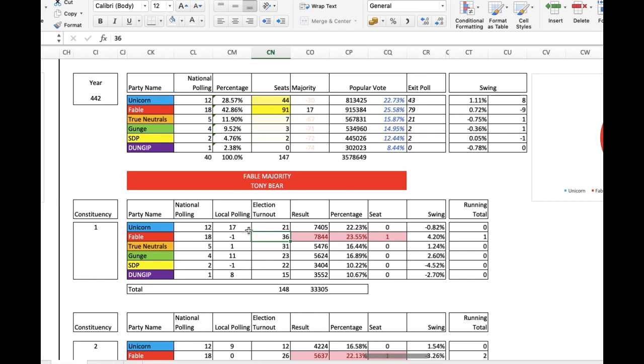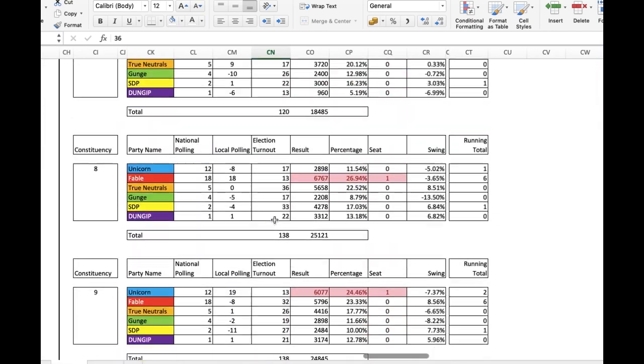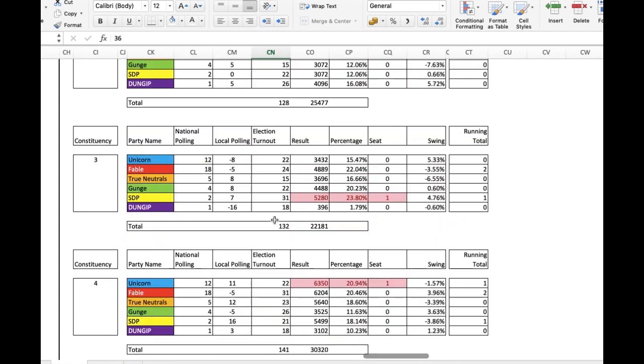There was a gain for the Fable Party here. They just happened to roll 36 to Unicorn's 21, and with the addition of their bonuses, it's real close. It's less than a percentage point in it, and the Fable Party just about won there. And again, same goes for every constituency all the way down.